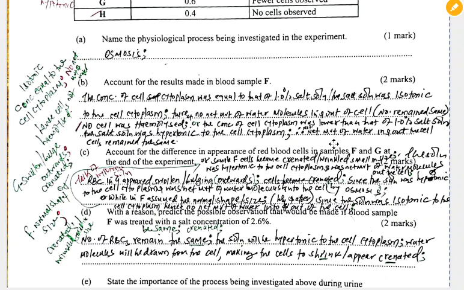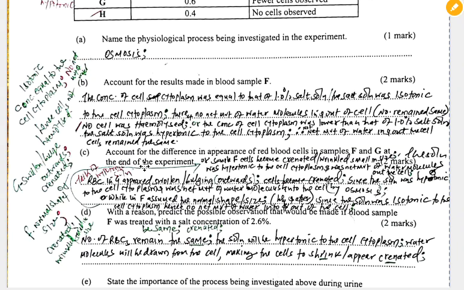In other terms, it remained the same, or the cell was not hemolyzed. Or the concentration of the cell cytoplasm was lower than that of the 1% salt solution, and the salt solution was hypertonic to the cell cytoplasm, therefore no net movement of water in and out of the cell, therefore the cell remained the same.